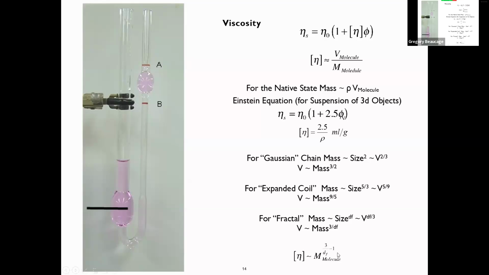The classic case, for a Gaussian theta solvent, the power will be 1/2, and for a good solvent it's 0.8. And if it's a rod, like tobacco mosaic virus, some other kind of colloid, or polyelectrolytes, this goes to 2. You get a steeper dependence.